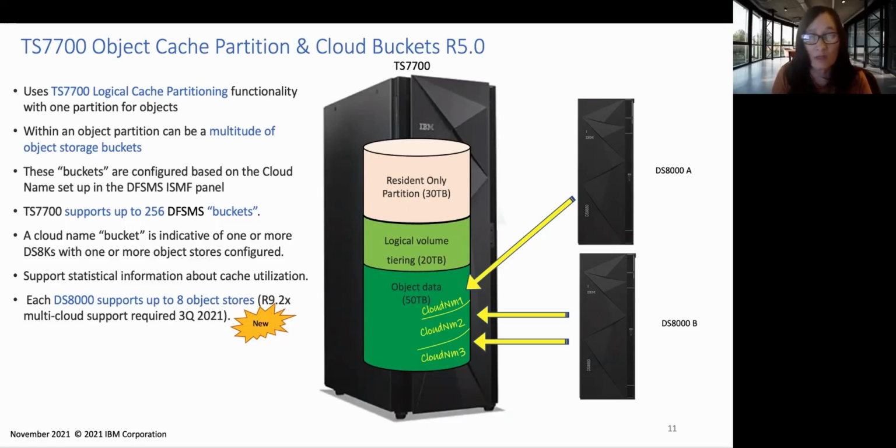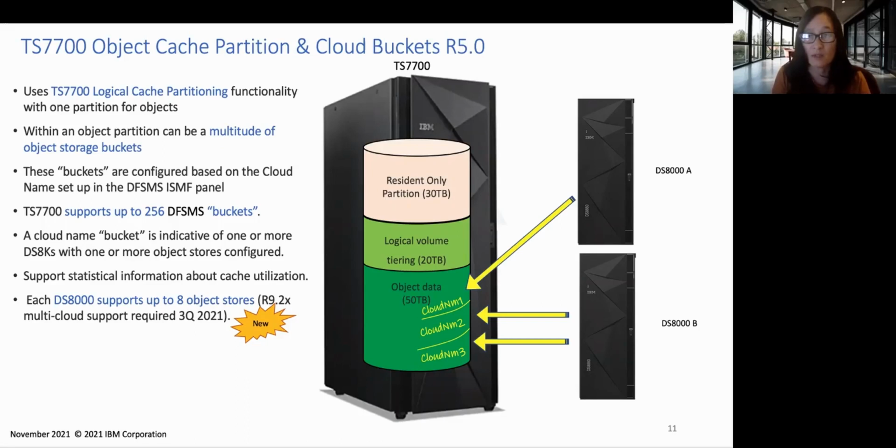Now, the other thing, the advantage of doing this is that the 7700, even back during this time, we actually separate the cloud name internally into different buckets. It's kind of invisible to a user up until this release, but we had been doing that previously because when the DS8000 comes and configures to us, they have provided us with the cloud name. And internally, we're separating that out so that we can provide statistical information by the cloud name bucket.